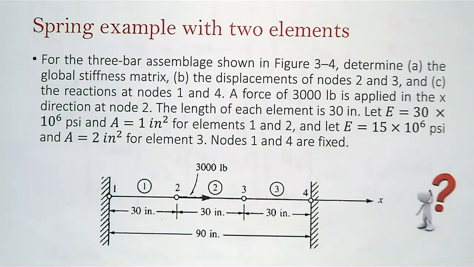So you obtain F1x or F4x, no matter the sign now. But the thing is, you can see here that we are just pulling node number 2 in the positive x direction, which means that the reaction force should be negative, right? These are some clues to make sure that you've done the calculation properly.